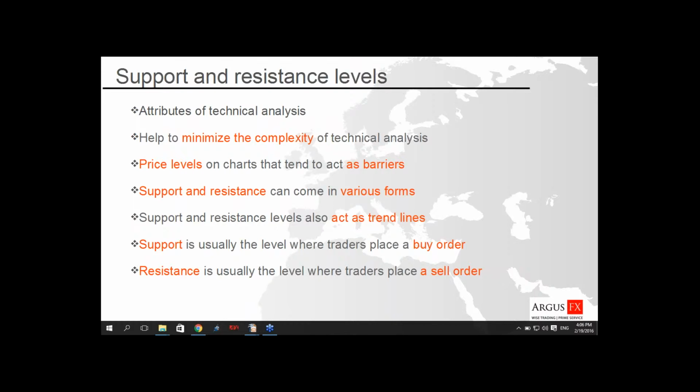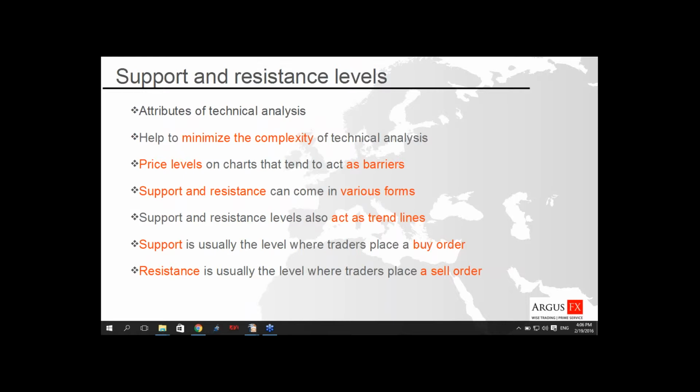Therefore, support and resistance levels act as trend lines. The last two bullet points are what we have already discussed above. Support is usually the level where traders place a buy order.